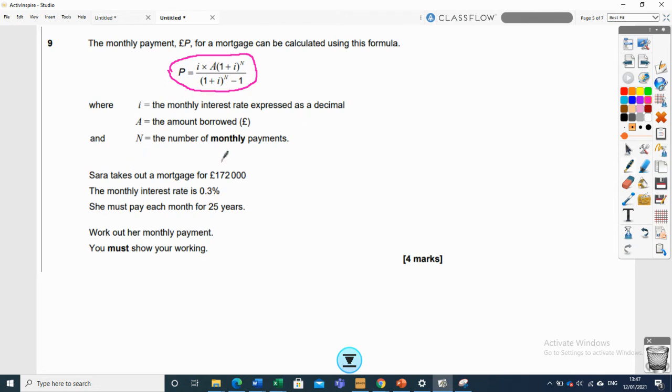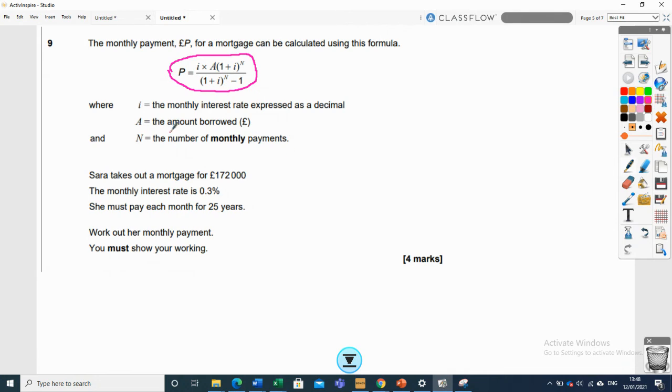Sarah takes out a mortgage of 172,000. Monthly interest rate is 0.3%. She must pay each month for 25 years. Work out her monthly payment. You must show your working. Okay.